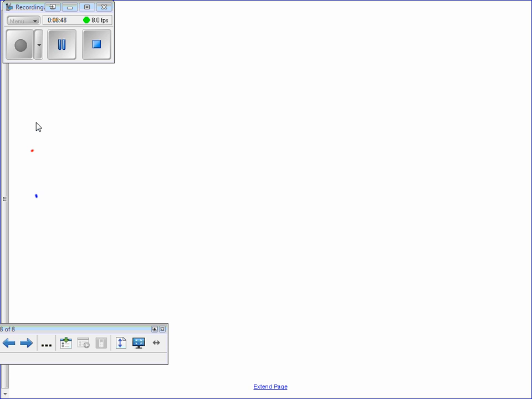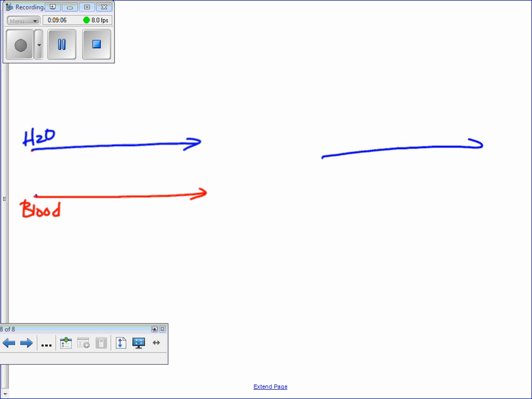So, there's two ways I could make this work. Water could come in, and it could go in the same direction that the blood is flowing. Or water can come in and it can go in the opposite direction that the blood is flowing.